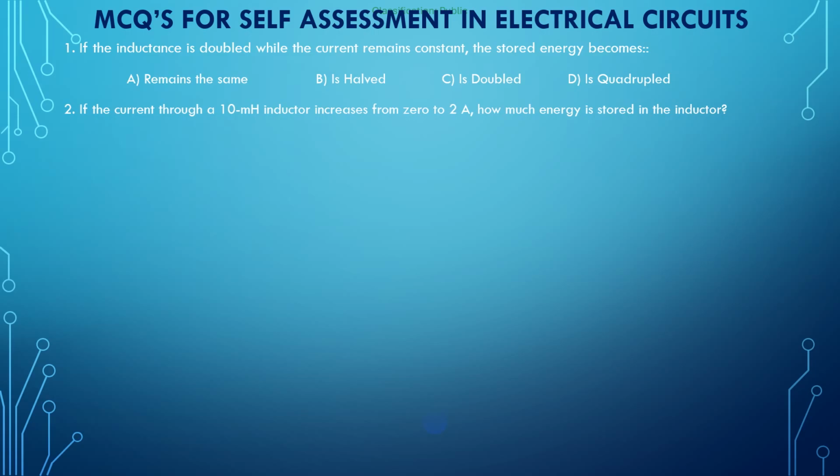L is 10 milli, I is 2, I square, so 2 multiplied by 2, multiplied by half. The 2s cancel and 2 multiplied by 10, so it is 20 millijoules. Energy is always in joules, so 20 millijoules is the answer.